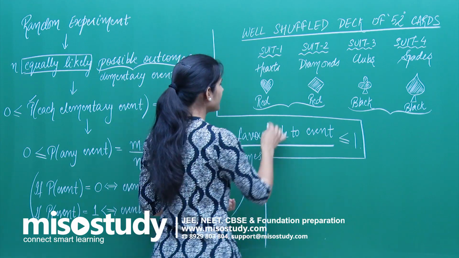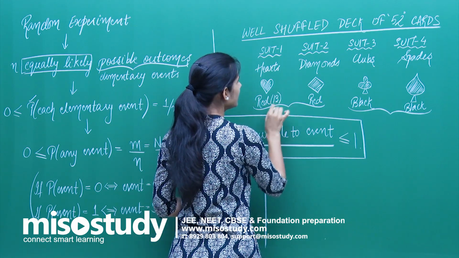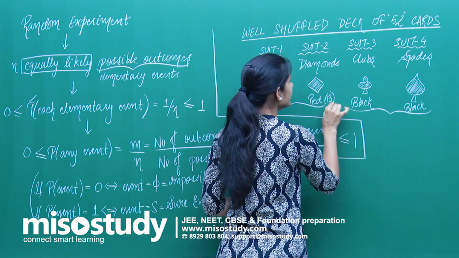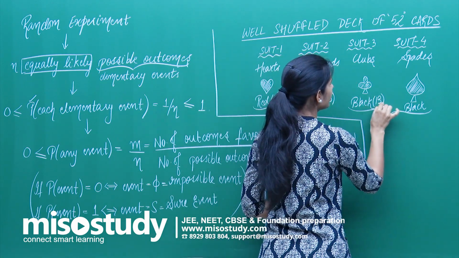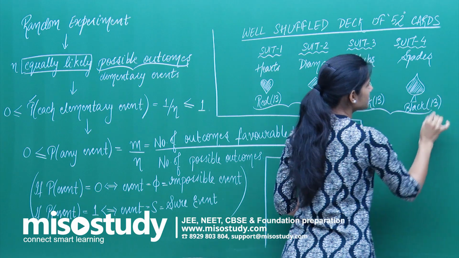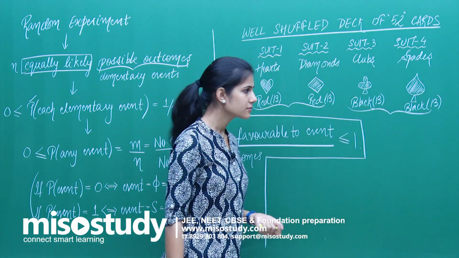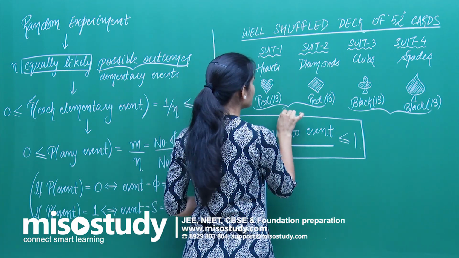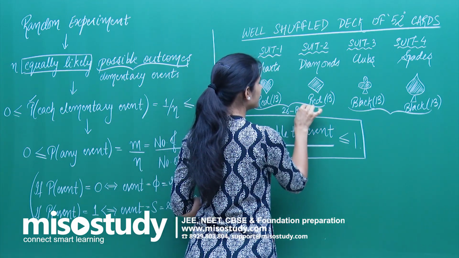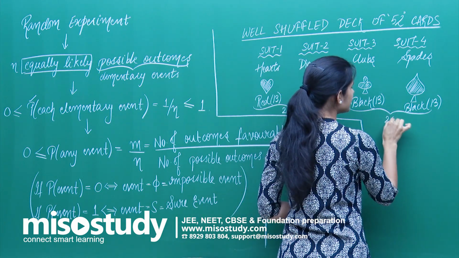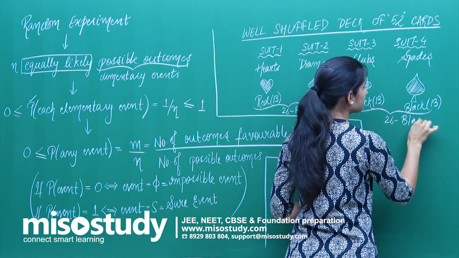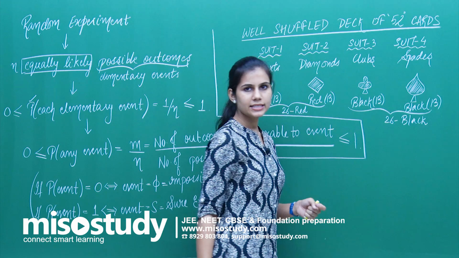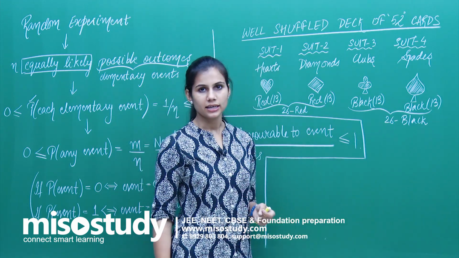That means there are 13 hearts, 13 diamonds, 13 clubs and 13 spades. If this is the scenario, you can see there are 26 red cards and 26 black cards.